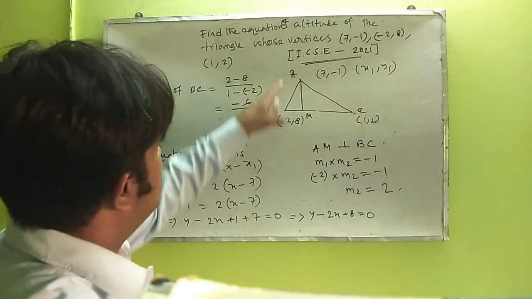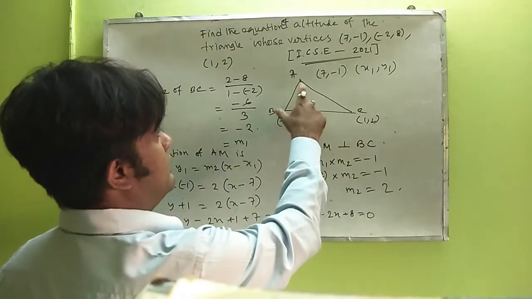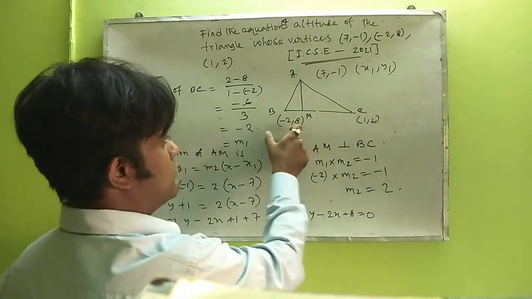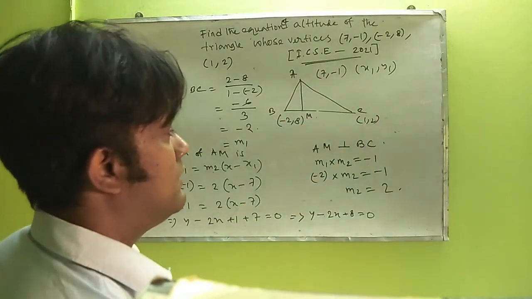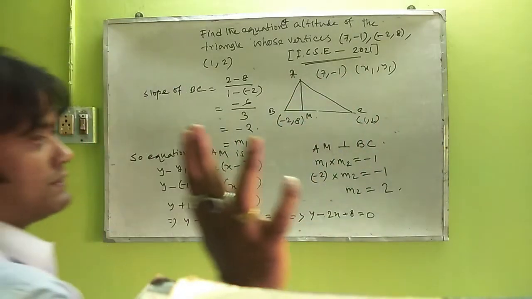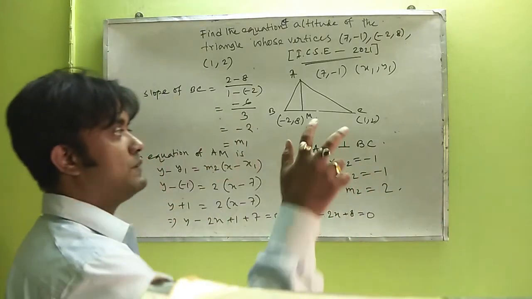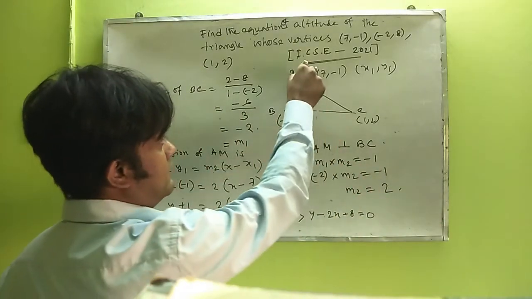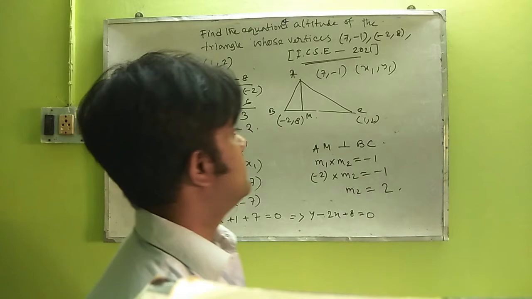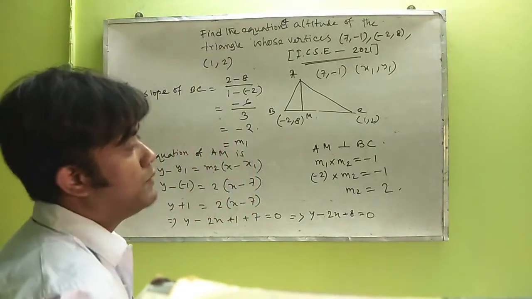So first we draw the triangle, and this is x1 y1, x2 y2, x3 y3. Now we calculate the slope of BC. On this straight line, the first altitude is perpendicular to BC.